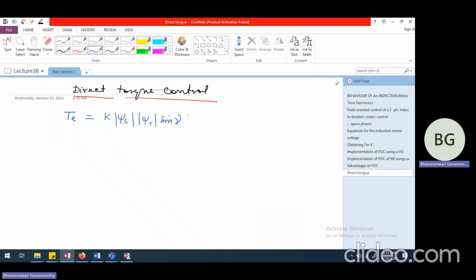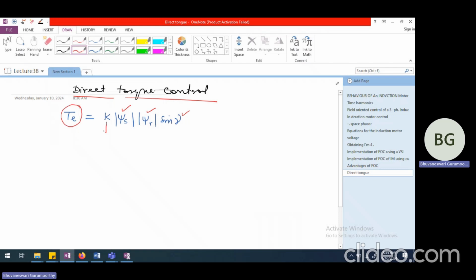So if we are able to adjust the stator flux linkage or rotor flux linkage magnitude, or if we try to adjust the angle between them, which is gamma, then it is going to modify the magnitude of the torque.